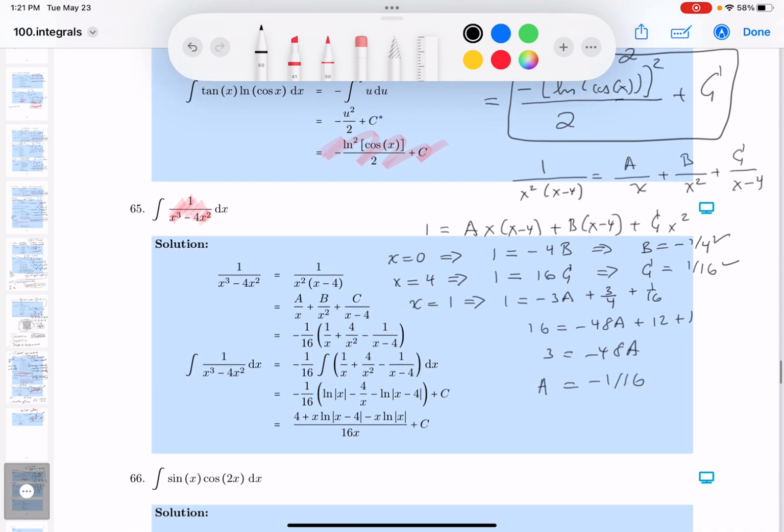I'm going to write this down now. And we're just dealing with the integrand now. What's a? Well, a is minus 1/16. Write that down over x. What's b? Minus 1/4.